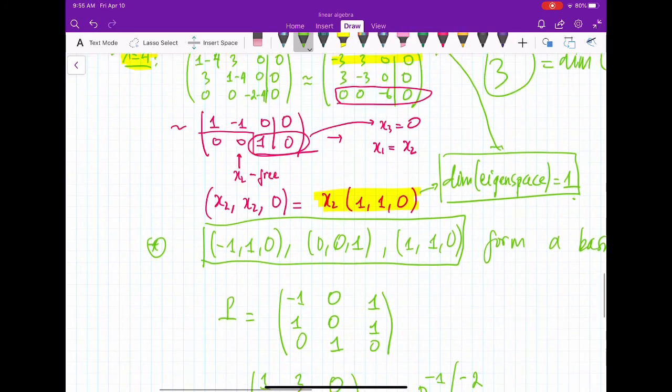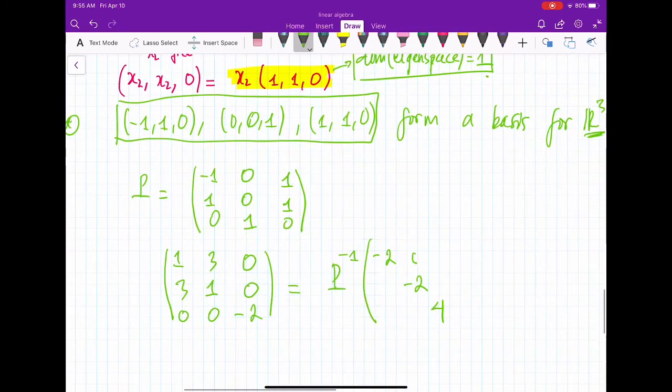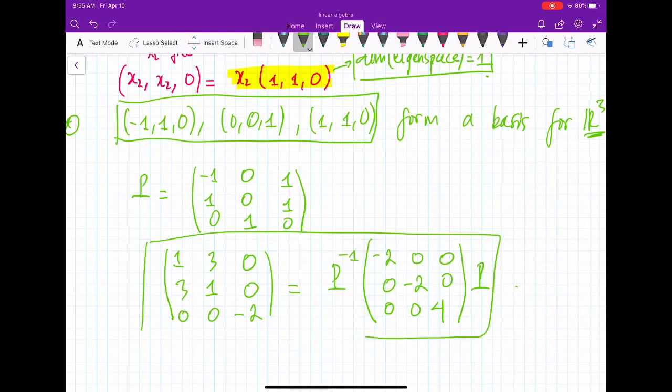The last one is 4, yes. 0, 0, 0, 0, 0, 0, and here P. If we can verify this, that means we already found the matrix P that diagonalizes our matrix. Or we already found the matrix negative 2, 0, 0, 0, negative 2, 0, 0, 0, and 4.